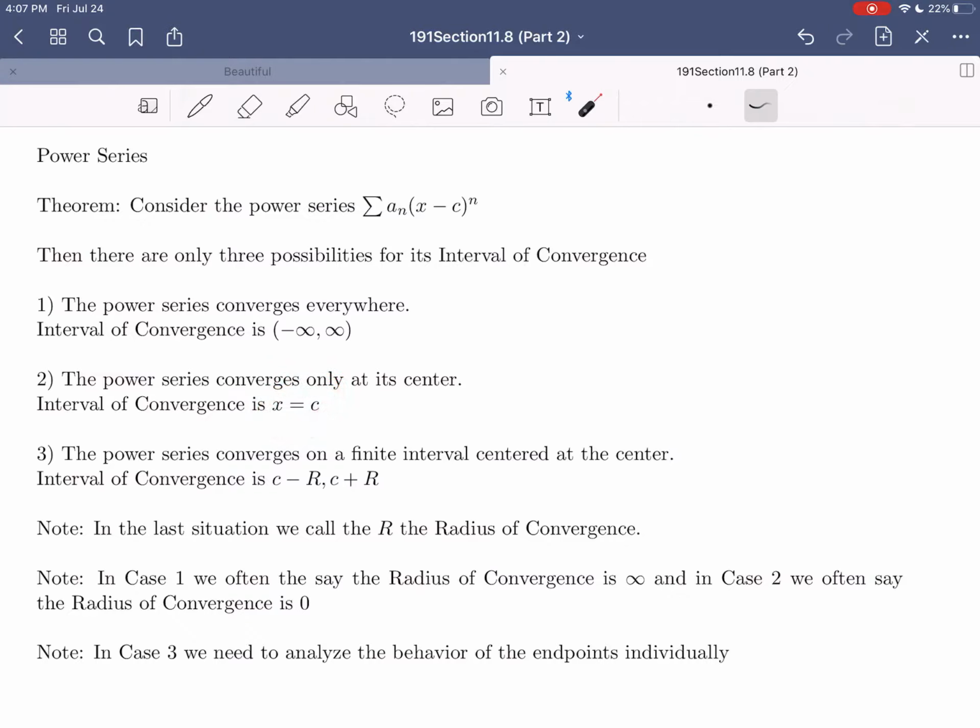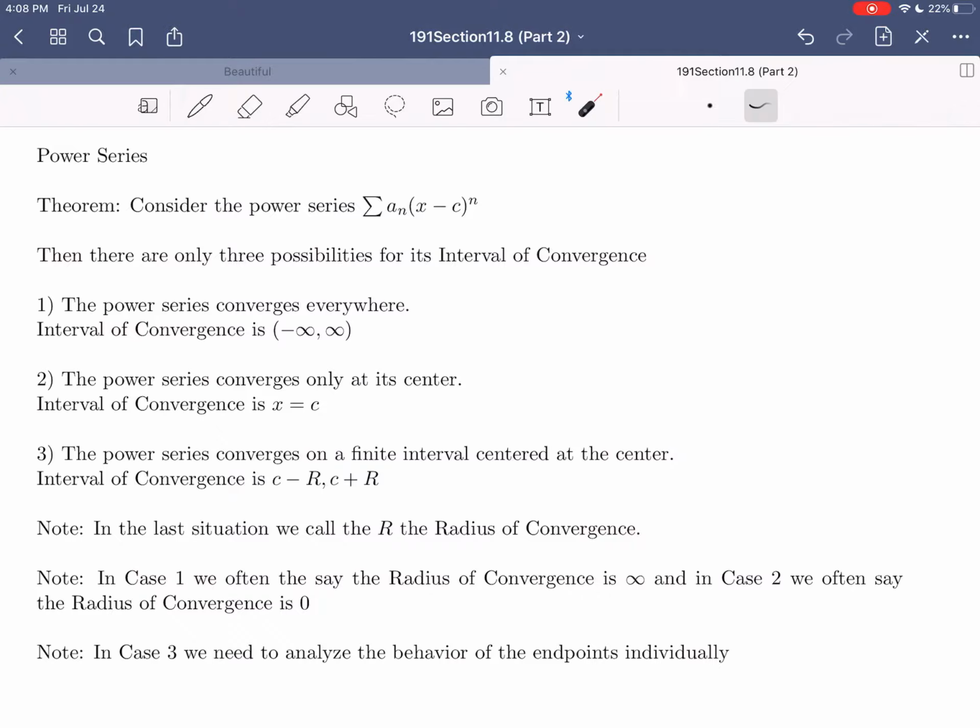The third option is that the power series converges on a finite interval, and that finite interval is centered at the center. That means that the interval of convergence can be written as the center minus some number r, all the way up to the center plus some number r. And we choose to use the letter r here for a very specific reason. In the last situation, we call that r the radius of convergence.